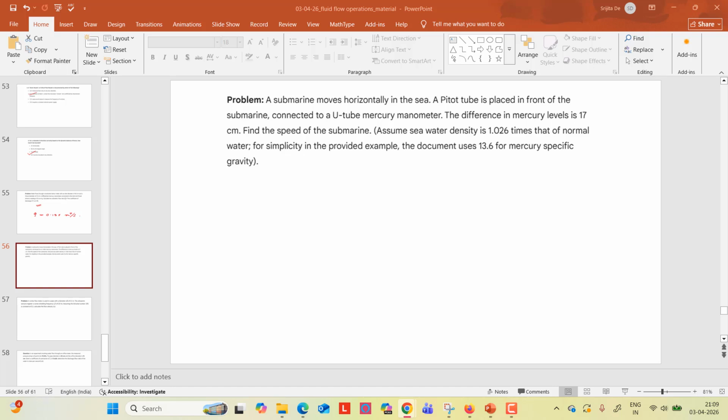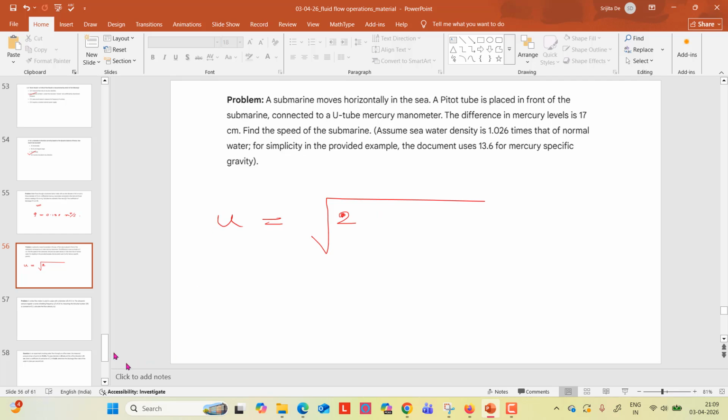So in the pitot tube problem, the flow velocity is u equals root under 2... what was the expression?